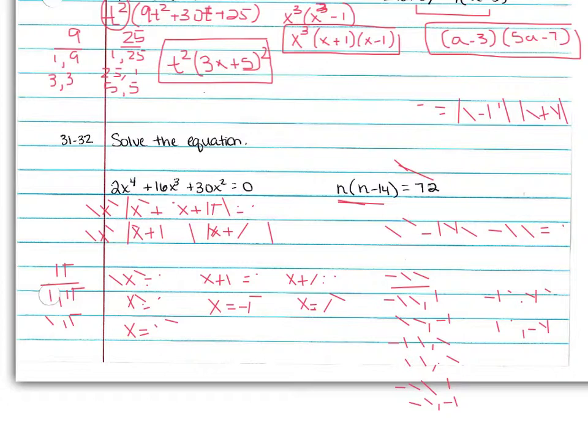So I set each part equal to 0. And that gives me n equals 18 as one of my answers, and n equals a negative 4 for the other answer.